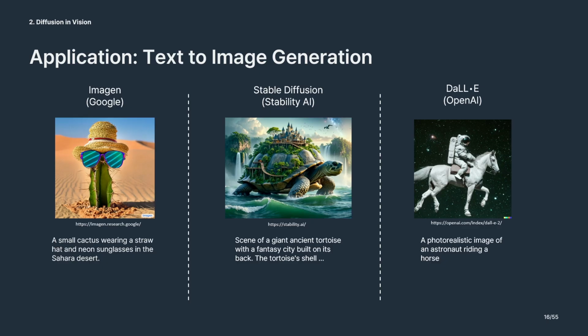Diffusion models have shown remarkable capabilities, not only in producing photorealistic scenes, but also in creating imaginative and surreal content. Their results have surpassed those of earlier generative models like GANs and VAEs in both fidelity and creativity. As you can see from these examples, whether it's a cactus with sunglasses, a fantasy city on a turtle, or an astronaut on a horse, the visual quality and semantic alignment are both impressively strong.